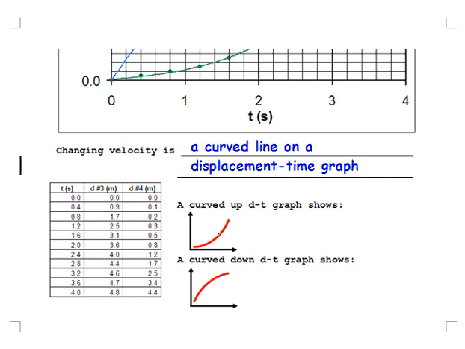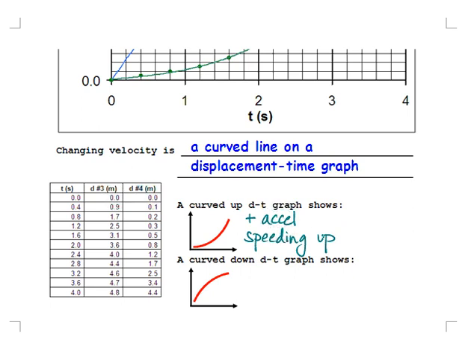And if a line is curving up, that means the slope is getting steeper and steeper. And we know that slope is equal to velocity. So that means the velocity is getting bigger and bigger and bigger. We would call that a positive acceleration. Or, I think a nice thing to say would be that it's speeding up.